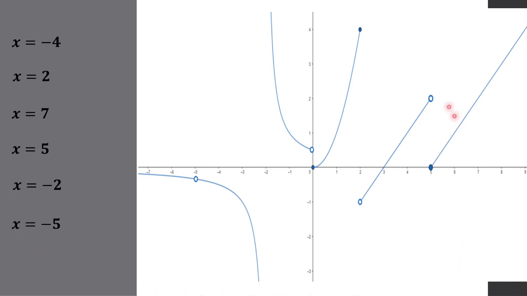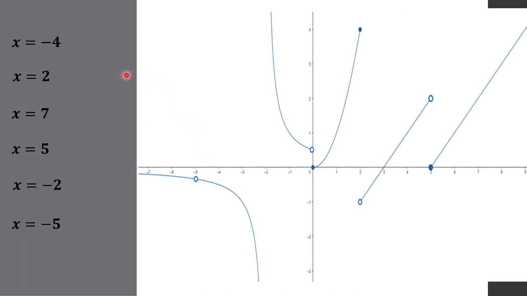The basic idea of identifying if the function is continuous at the given value of x is if we can draw the graph without lifting our pen, or by looking out for holes, gaps, breaks, or vertical asymptotes at the given value of x.